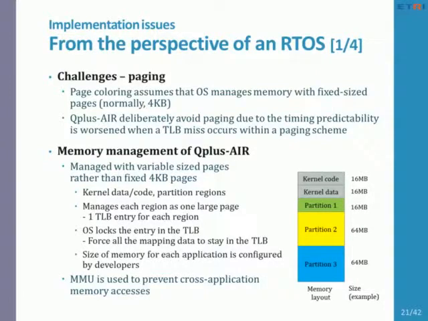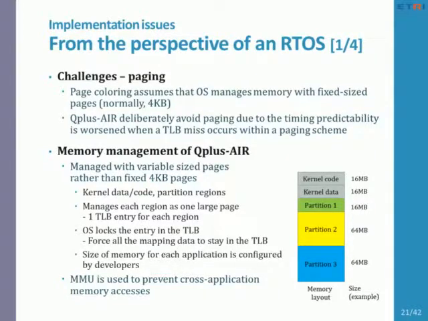Here's the original memory management of Q+Air. We manage the main memory as in this figure, with variable sized pages. The regions for the kernel code, kernel data, and partitions are each managed by one big page, with different sizes.